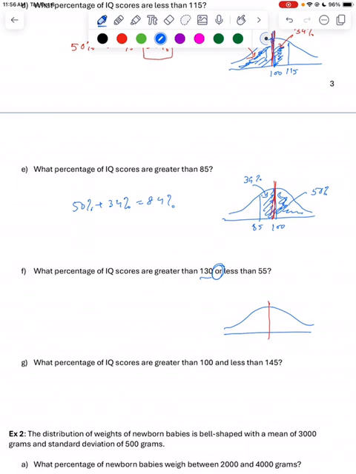So this is 1, this is 2. So this is 130. And then let me draw the other pictures here. And then we are at 55. So we are talking about this area. So this is coming after 2, and this is coming after 3.